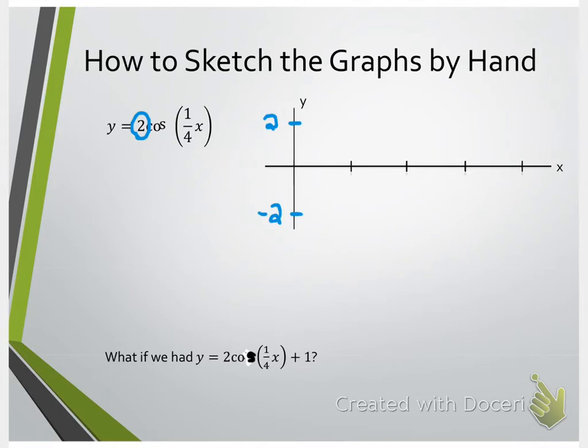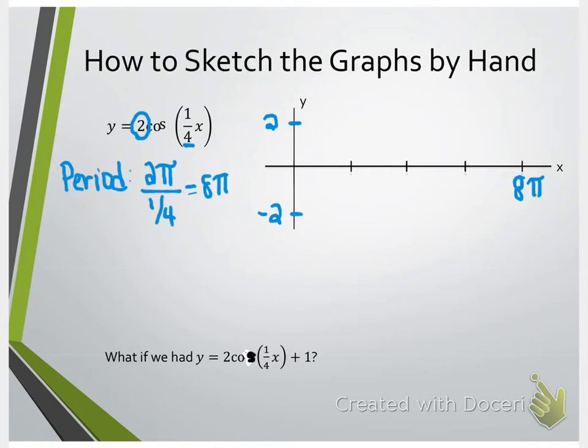So the period, well, it's 2 pi divided by omega, which is 1/4. So 2 pi divided by 1/4 is 2 pi times 4 over 1, which is 8 pi.